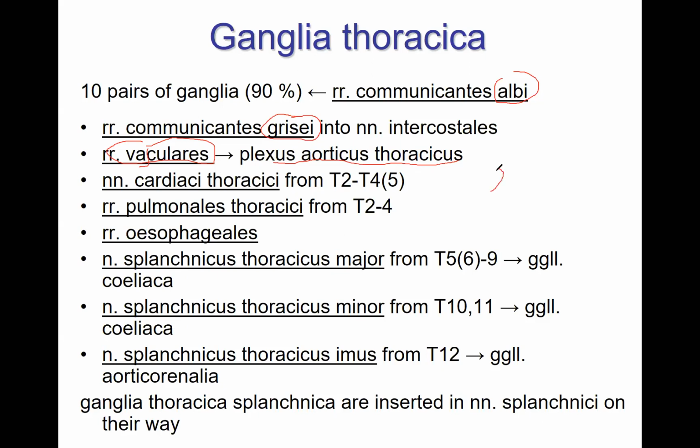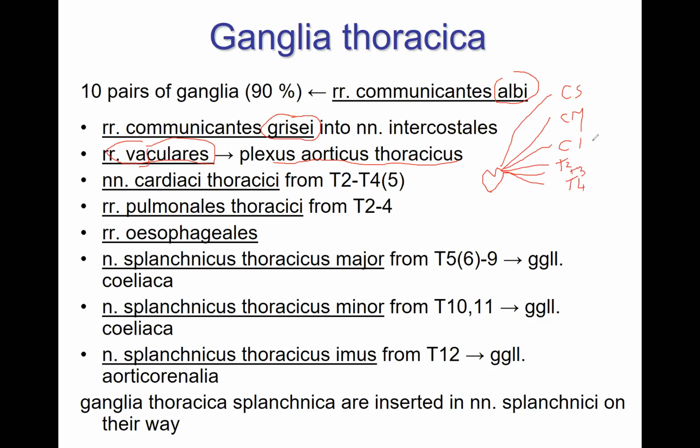We said that the heart is innervated by more of them. So you have superior cervical, middle cervical, inferior cervical, and then you usually have 3 thoracic, T2, T3, T4.